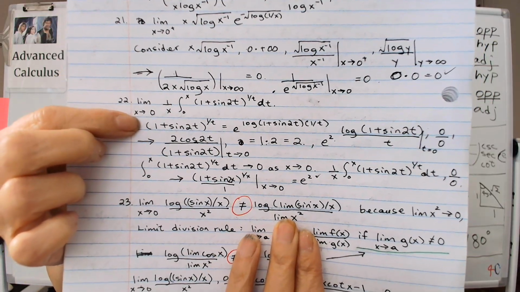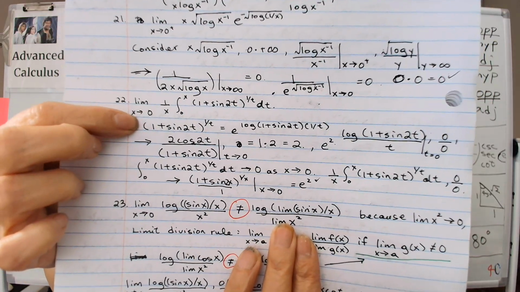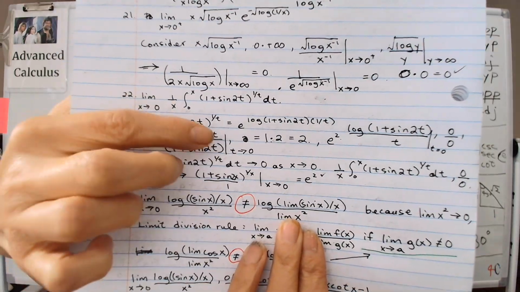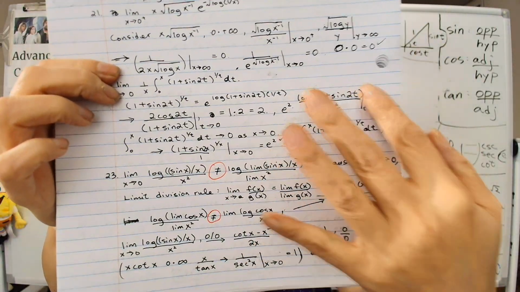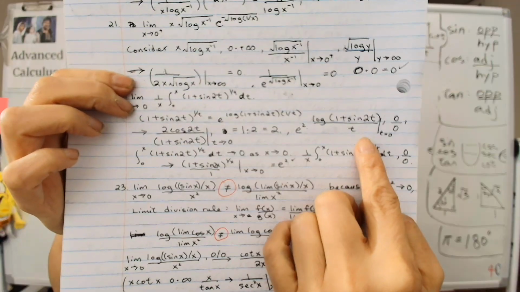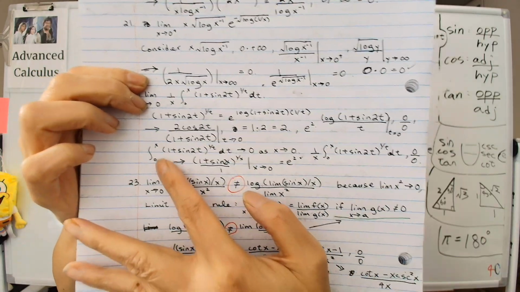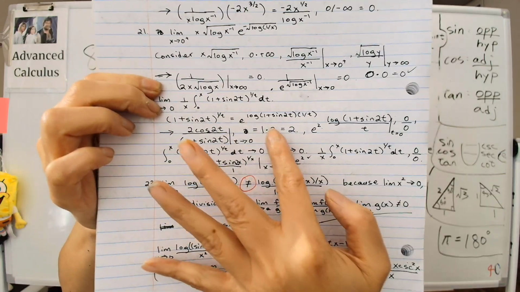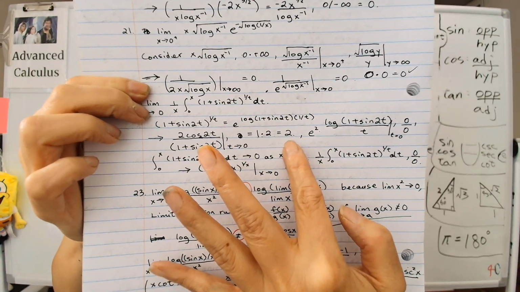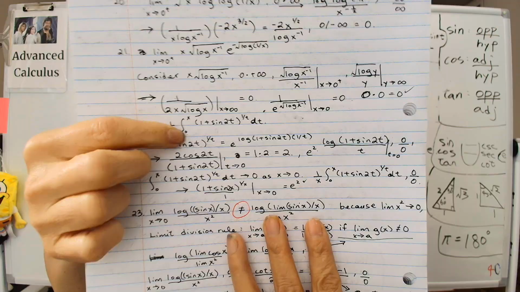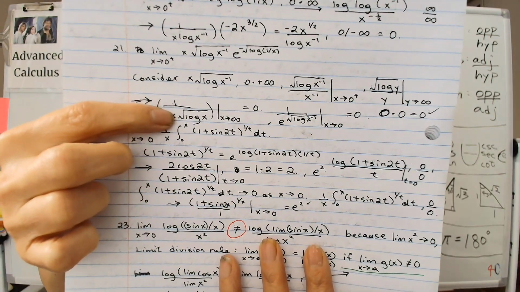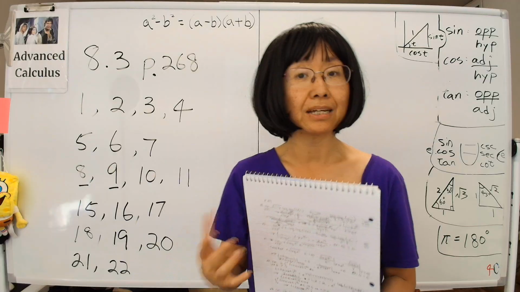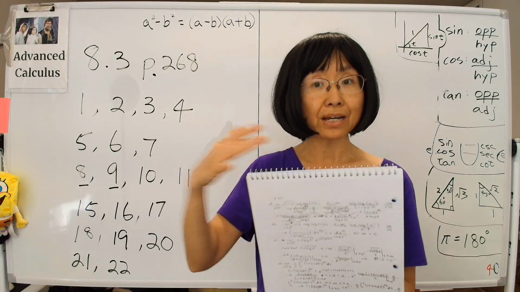To know that, let's examine the integrand, the function inside. We do some calculations and realize that as t goes to 0, this thing actually converges to a value. It converges to 2, which means that if you integrate from 0 to x as x goes to 0, it does go to 0 because you're integrating a finite function.